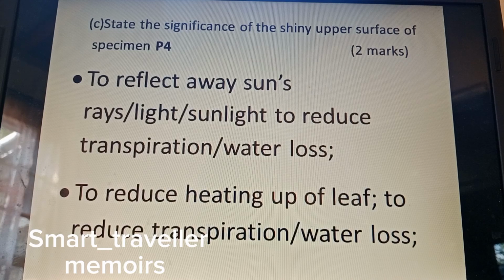They give answers with strokes. Please avoid. Just choose one. To reflect away sun's rays, to reduce transpiration, or to reflect away sun's light, to reduce water loss or transpiration. All right, be careful. And then to reduce heating up of the leaf, to reduce transpiration, or to reduce water loss.